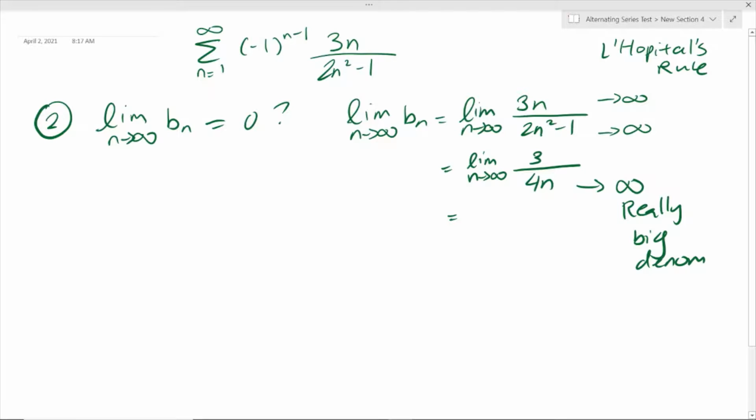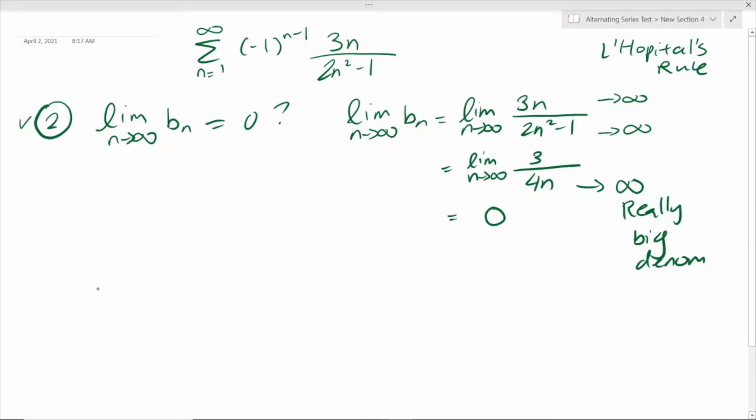So the really tiny little 3, really big denominator, and that's just going to make this whole thing go to 0, because we're dividing by really big numbers. We're making the number extremely, extremely small. So we proved that this is equal to 0, and we satisfied the second condition as well.